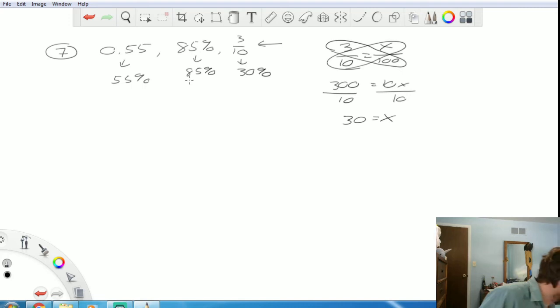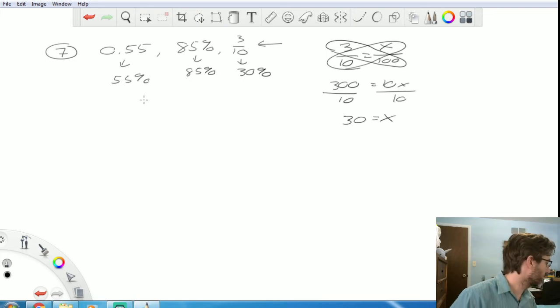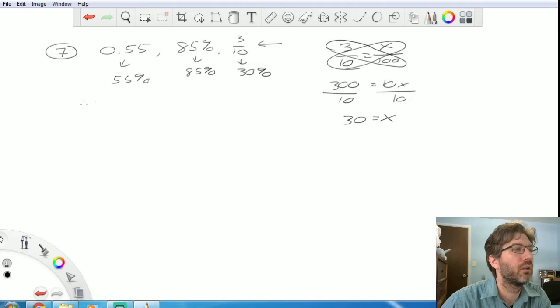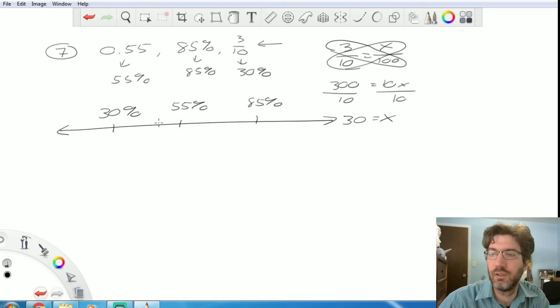It just asks you to put them on a number line, so I'm not sure which ones are given to you in there. It's written weird. You can just put them in order. I don't care if you use the number line or not. 30% is first, so if we have a number line, boom. 30% comes first, next comes 55%, next comes 85%, and so on.